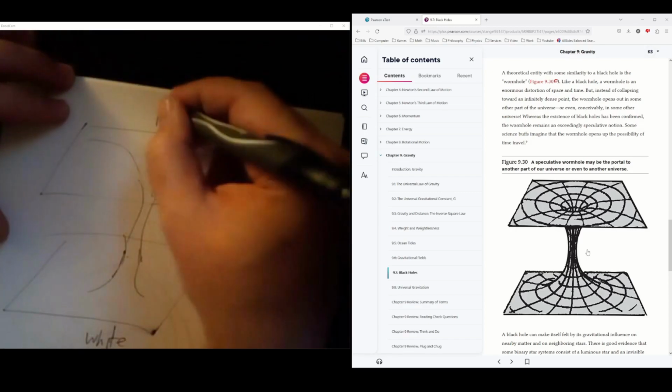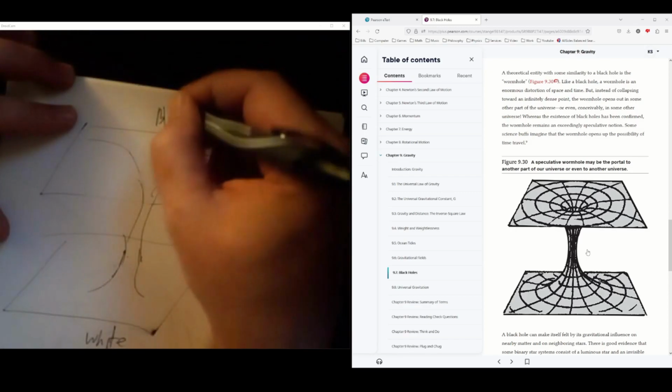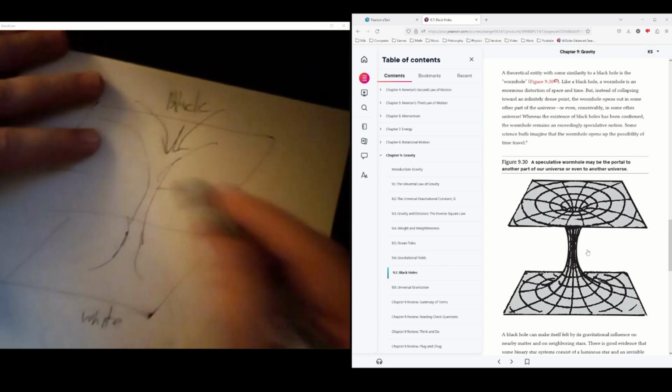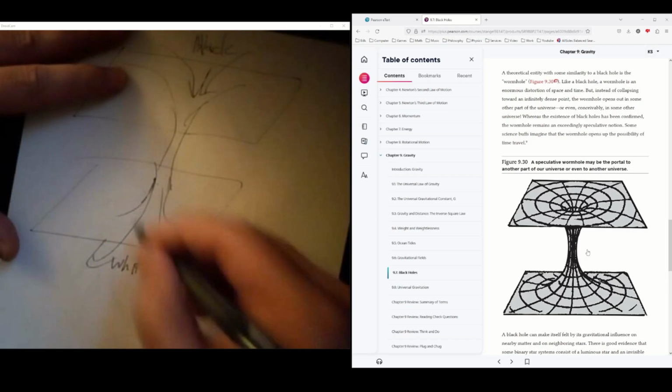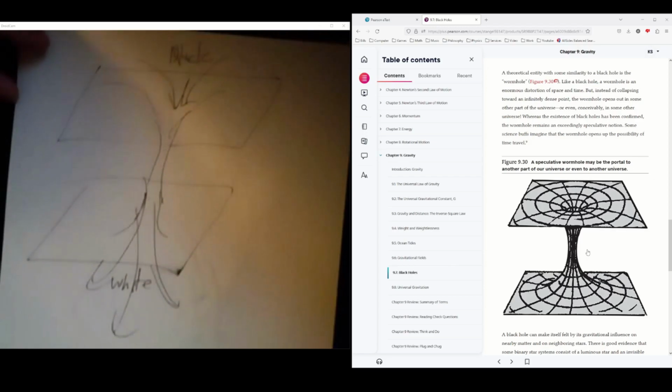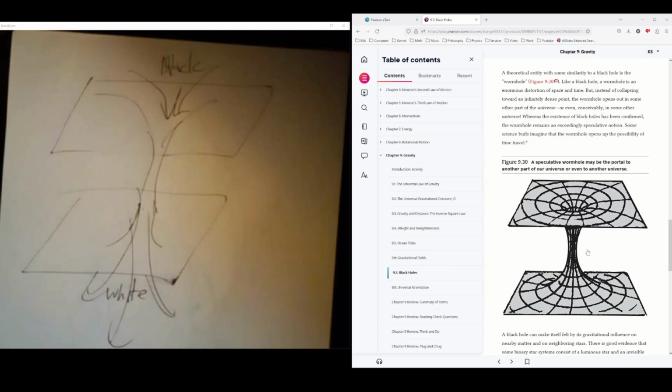So there's a black hole and there's a white hole. The black hole sucks everything in. That's what we know for certain exists. The white hole is something that spits everything out then, which is something we haven't seen yet in the universe. But Einstein's equations do allow that.